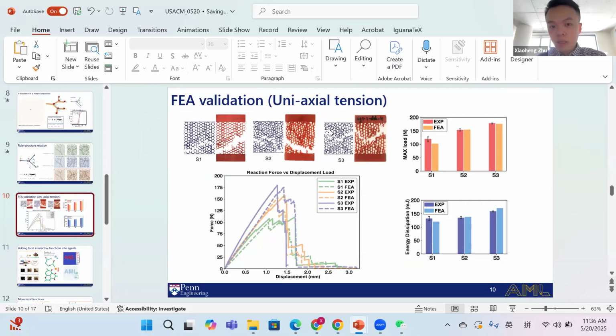Frankly speaking, right now the simulation tools in this work are limited to brittle materials. However, we also have some developments on the 3D printing technique in this work to try to reduce the deviation. With our current manufacturing method, for the brittle materials, our experiments agree pretty well with the simulation.